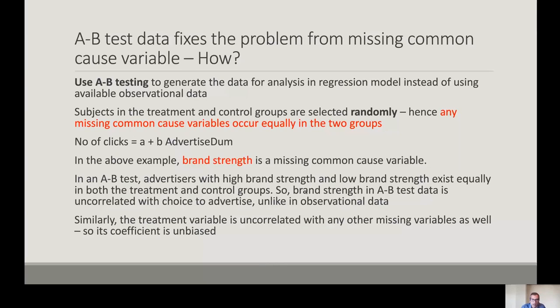But still, because of the random selection in creating these groups, both of these groups are equally balanced on all such variables, and therefore all such variables are uncorrelated with the advertised dummy. Therefore, in the A-B test data, these variables are no longer missing common cause variables. And hence, now the coefficient of the advertised dummy in this case turns out to be correct without any bias. So this is why A-B tests work.